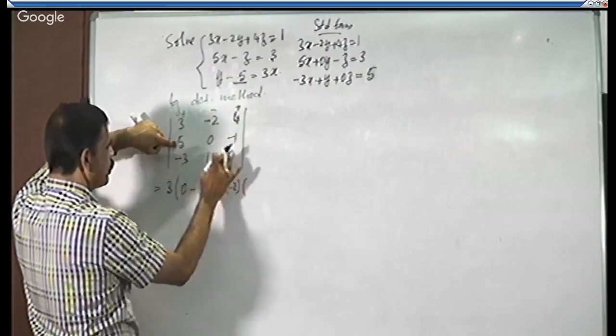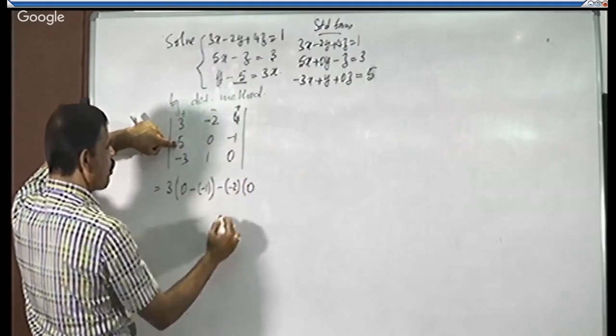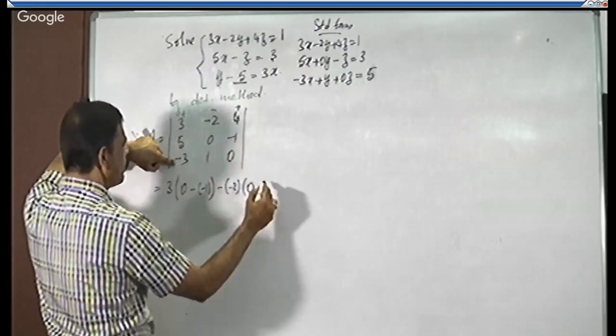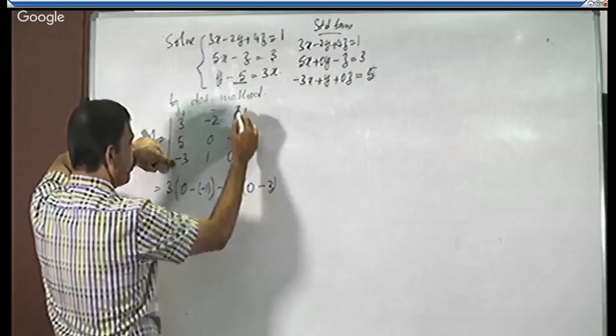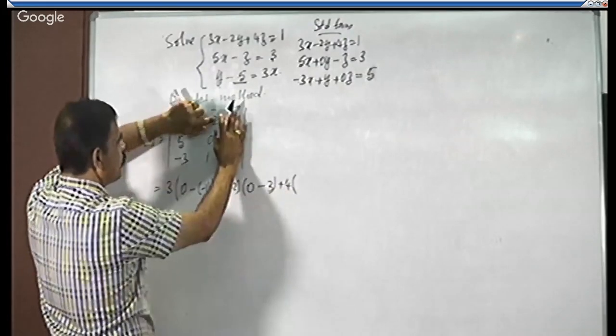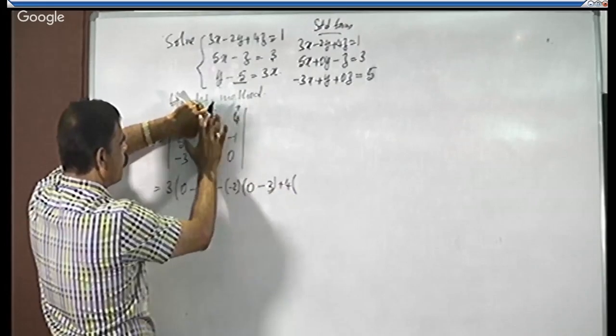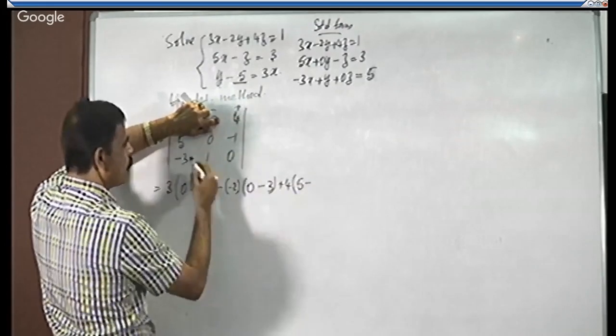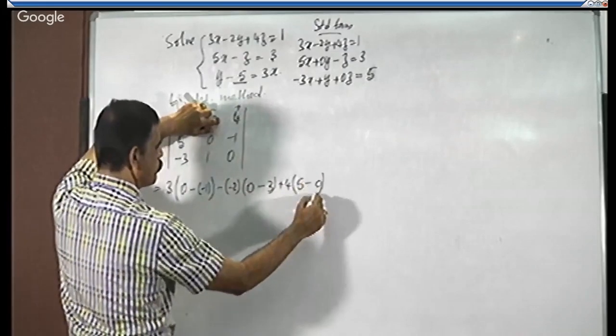Take the principal diagonal elements product, 0, minus, minus into minus, plus 3 into 1 is 3. Plus of 4, leave the corresponding column and row. 1 into 5 is 5, minus 0 into minus 3 is 0.